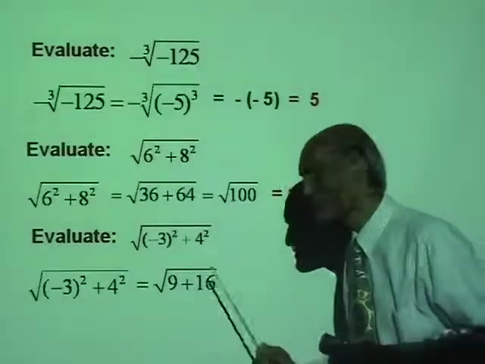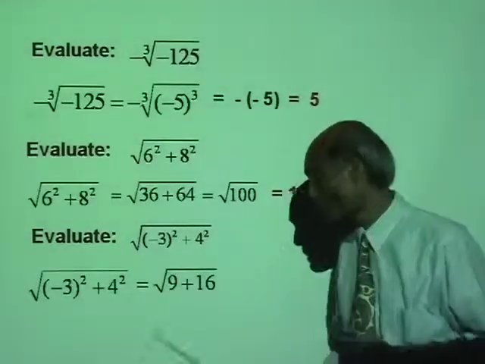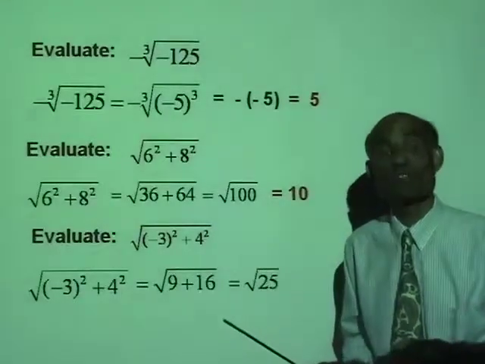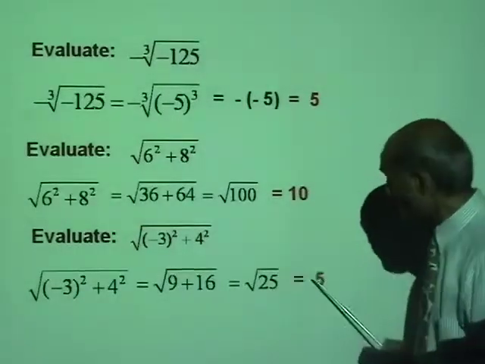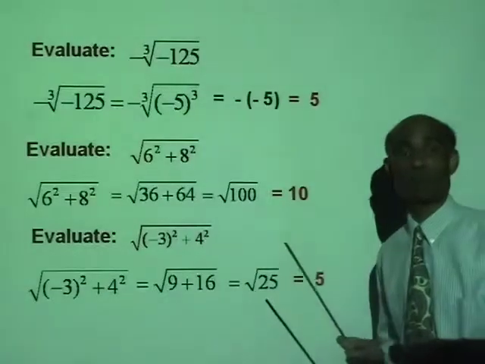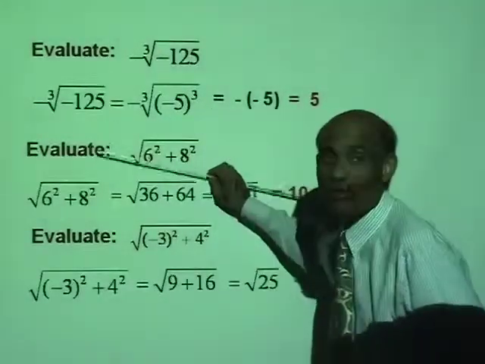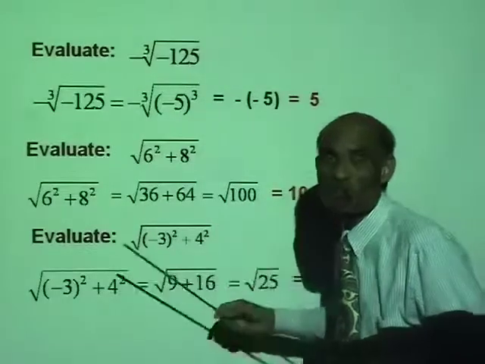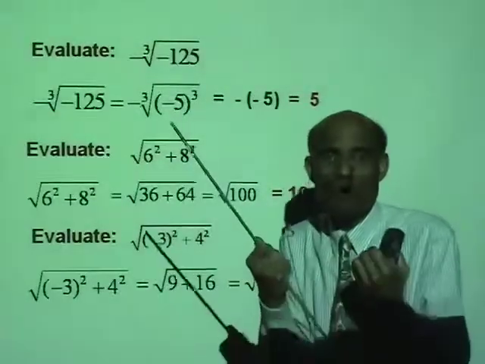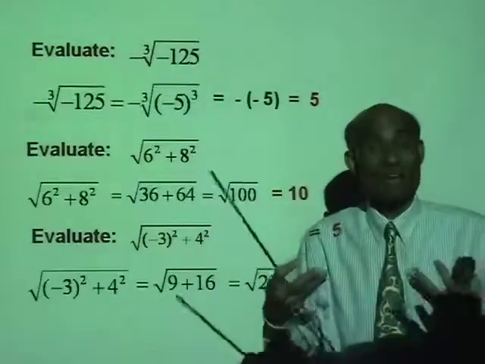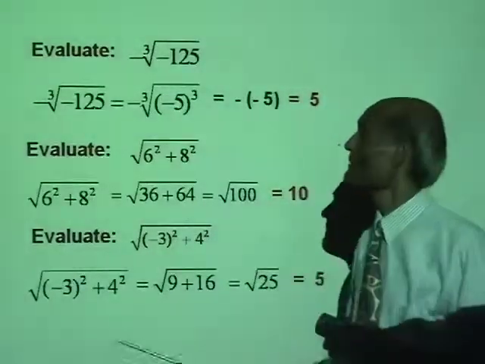And what is 9 plus 16? It is 25. Square root of 25. What is the square root of 25? The square root of 25 is 5. Okay, I'm sure you like these problems. Once you can do them, you are getting more and more familiarized with radical numbers and radical expressions.